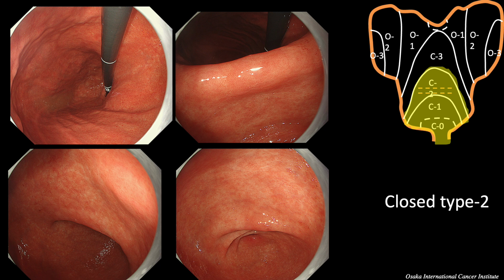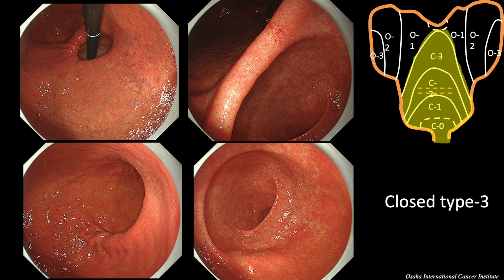Vascular translucency images are observed in the antrum, gastric angle, and even near the middle portion of gastric body. Next is C3. Atrophy is seen in the antrum, body, and even in the cardia. However, atrophy is seen only in the lesser curvature of the stomach and not in the anterior and posterior walls.